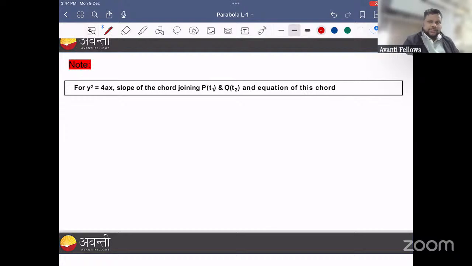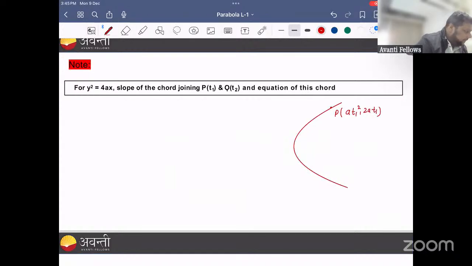This is a parabola on which P(t1) means there is a point P whose parametric coordinates are (at1 square, 2at1), and Q is (at2 square, 2at2).